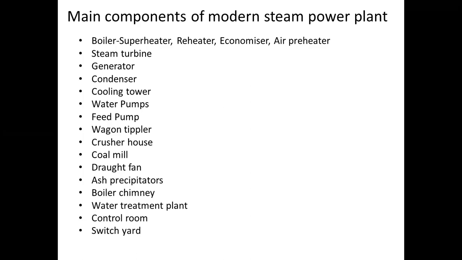This is not a complete list. These are a small list, friends. We are using thousands and thousands of types of equipment there. Even we are using thousands of pumps there to supply the water and air continuously.